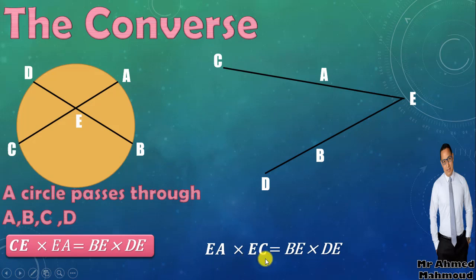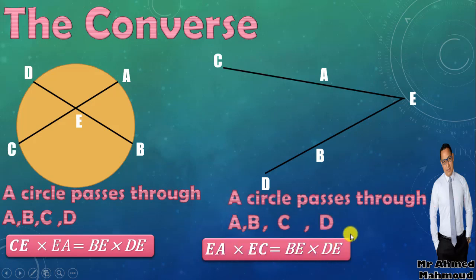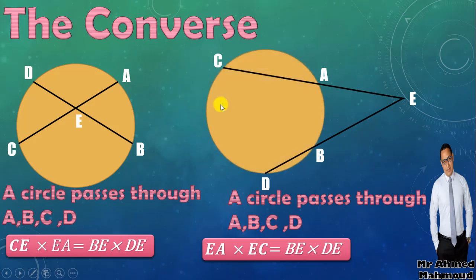Then there is a circle that passes through A, B, D, and C like this, and in that case A, B, D, C is called a cyclic quadrilateral, and also A, B, C, D is called a cyclic quadrilateral. Don't forget, we use this rule when we are asked to prove that there is a circle.